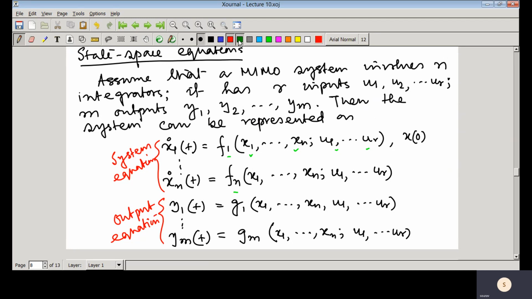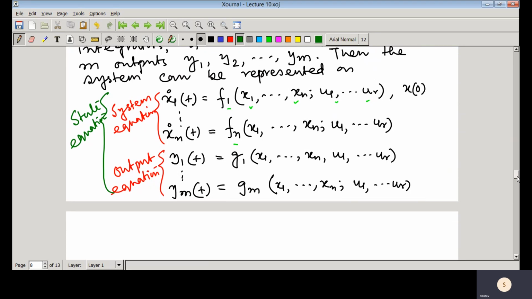In combined form, this is known as state equations. This representation is valid for all linear and non-linear time invariant systems.